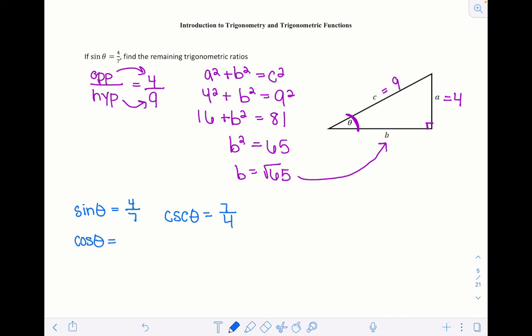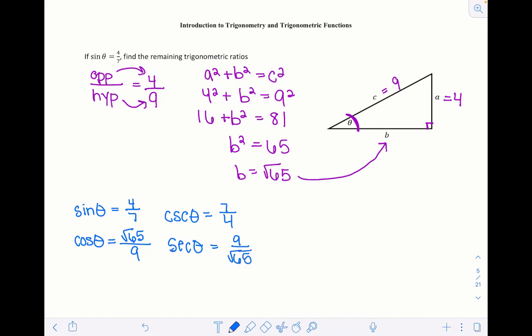Cosine is adjacent over hypotenuse. So we found our B value to be square root of 65. Okay, the reciprocal will be secant, which is 9 over square root of 65.